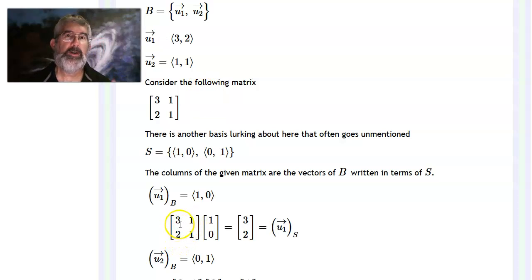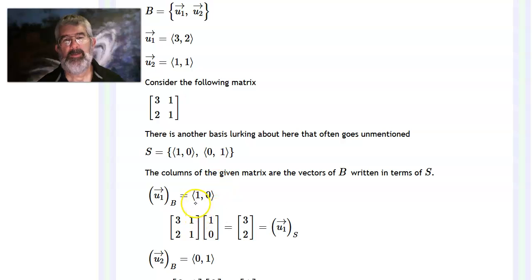So according to the theorem we had right at the end of the last video, this matrix should be converting coordinates from basis B to the standard basis. Notice, if you write u1 with respect to basis B, u1 is one of the members of basis B, so that would be 1 times u1 plus 0 times u2.